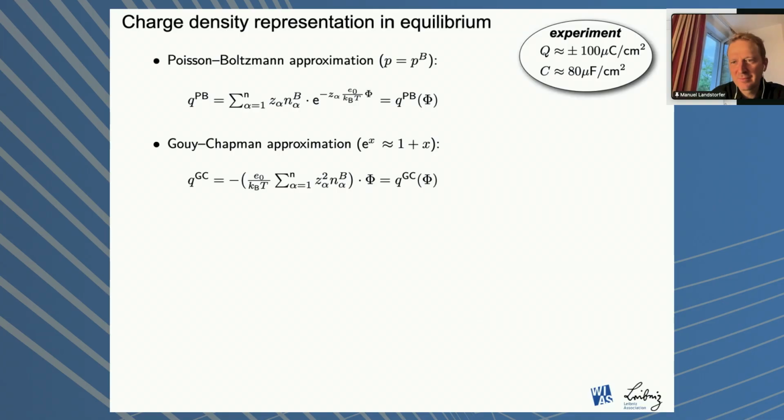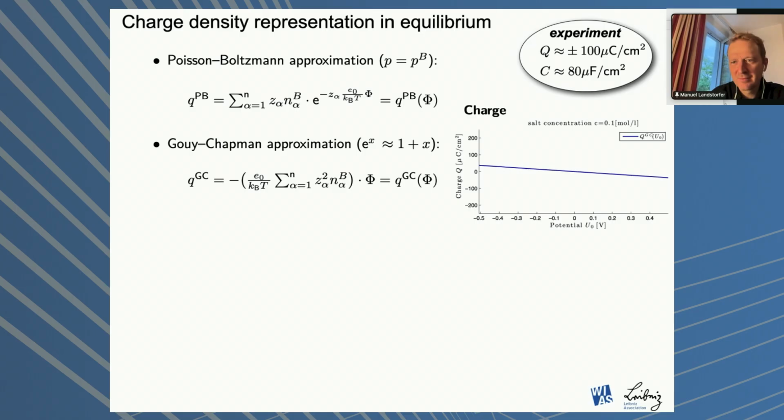Maybe an interesting aspect for people who are already familiar with electrolyte models: I used to call this the hierarchy of approximations. A very well discussed and investigated representation of the charge density is the so-called Poisson-Boltzmann approach, where you write the charge density in terms of exponentials of the electrostatic potential, and when you linearize this exponential function, you get what is sometimes called a Gouy-Chapman approximation.